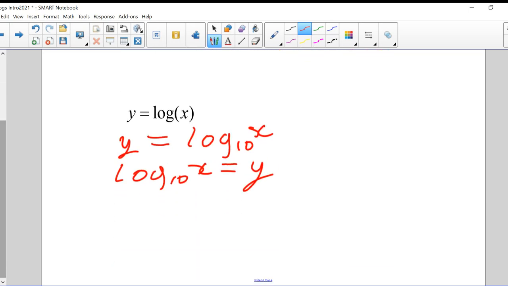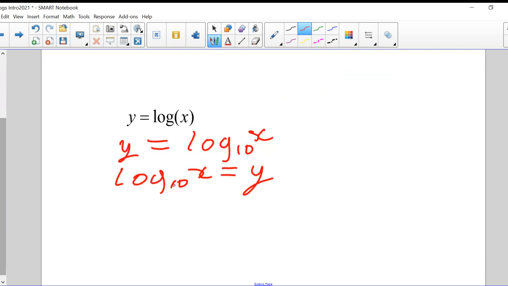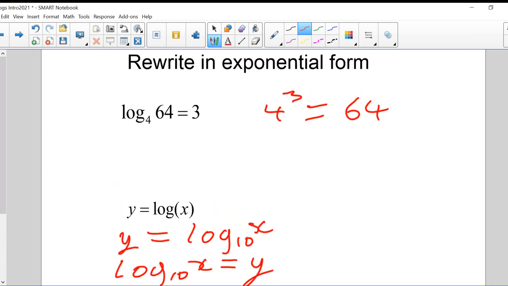So let's try that again. Look at the one before it. Log base 4 of 64 was equal to 3, so 4 to the power 3 is equal to 64. Just put everything in the same place. Log base 10 of x is equal to y. Follow the same strategy that I have on the previous line.